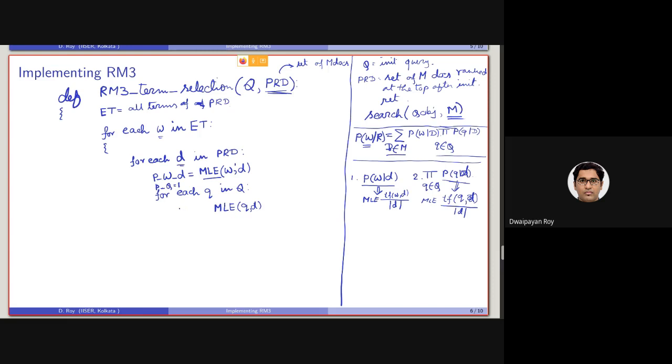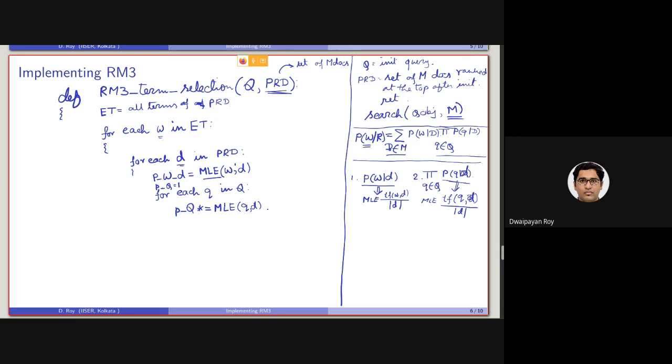Now for each q in Q, probability of Q equals probability of Q into the MLE of the query term, so probability of Q star equals MLE of q given d. So this thing is done. Now for the word we need to perform this for all the documents. Okay, this thing is still not done actually.